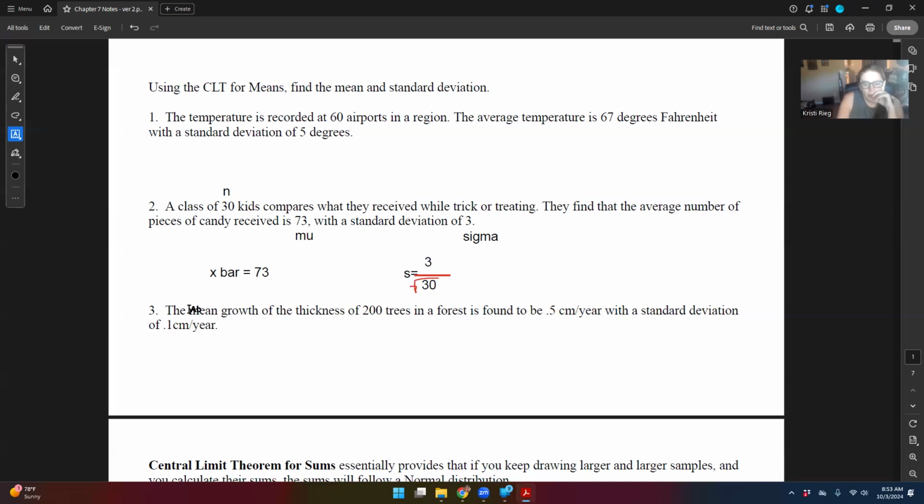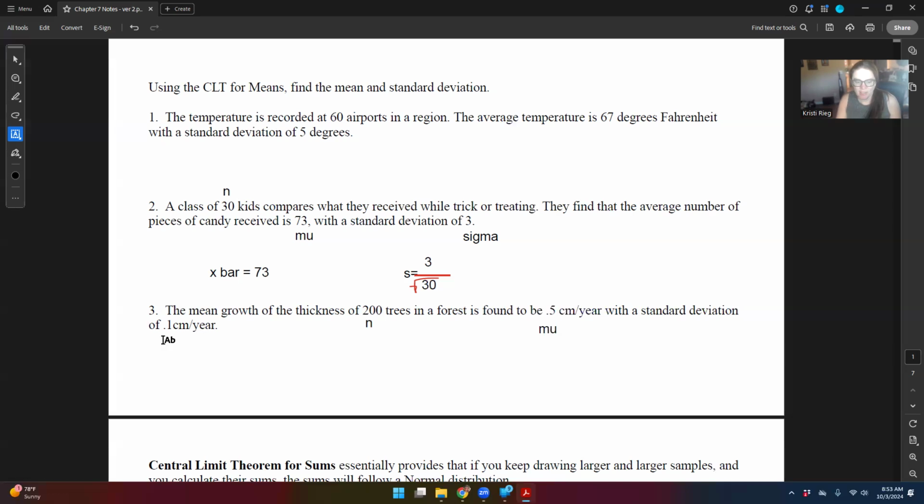Okay, number 3, we have the mean growth of the thickness of 200 trees in a forest is found to be 0.5 centimeters per year. So there's a total of 200 trees, so that's our n. And then it says the mean growth is found to be 0.5 centimeter per year. So that is my mu, the mean is the average.